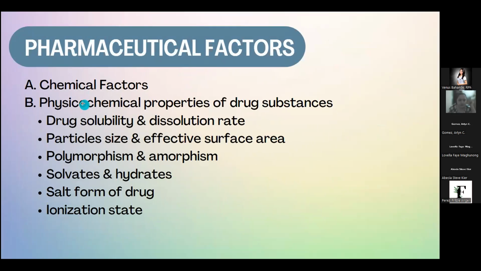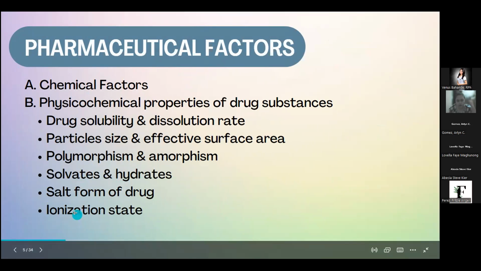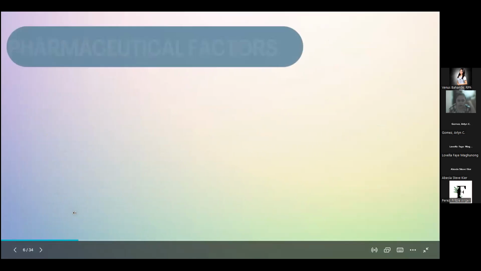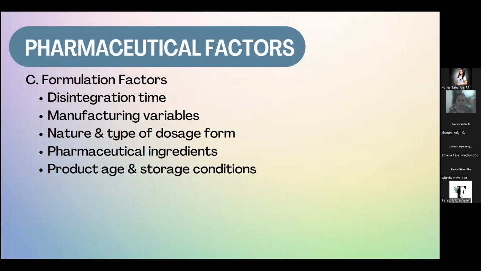Under physical chemical properties, we have drug solubility and dissolution rate, particle size and effective surface area, polymorphism and amorphism, solvates and hydrates, salt form of drug, and ionization state. Then under formulation factors, we have disintegration time, manufacturing variables, nature and type of dosage form, pharmaceutical ingredients, the product age, and storage condition.